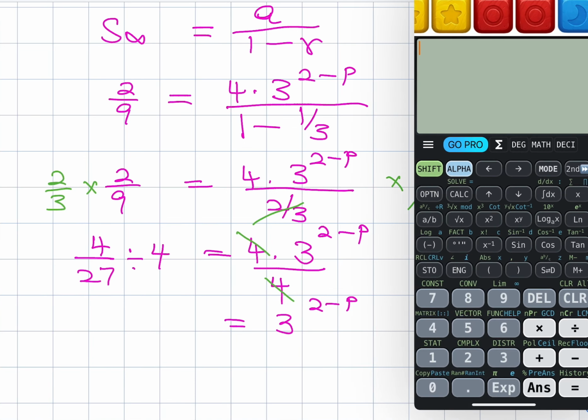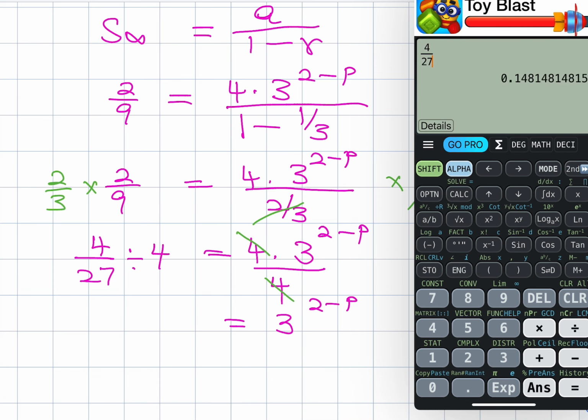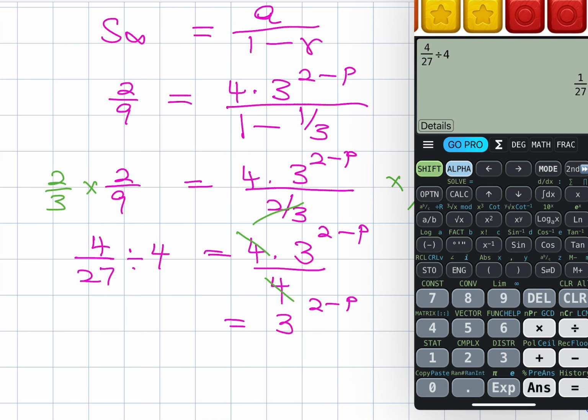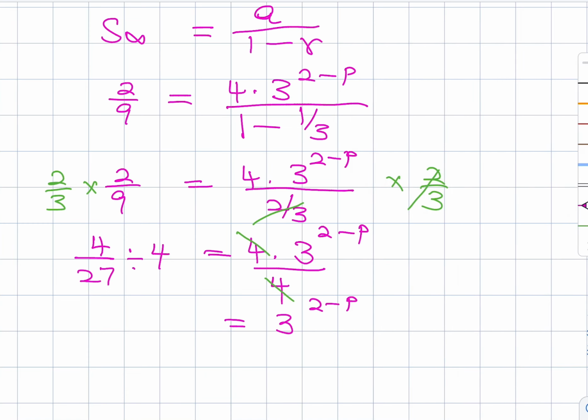And then we say 4 over 27, and then you divide that by 4, you are left with 1 over 27. So that would be 1 over 27 equal to 3 to the power 2 minus p.